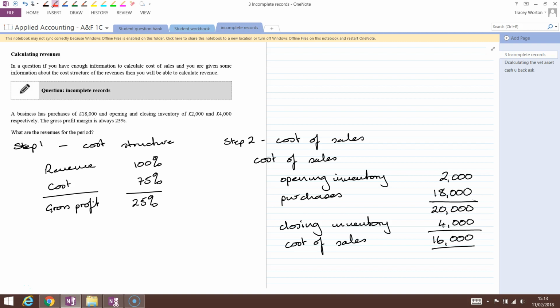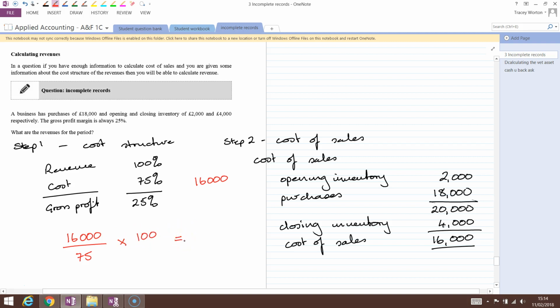So now we can go back to our cost structure and determine what our revenue figure would be. So we know that our cost of sales is 16,000, so we can slot that in as being equal to 75%. We're after the revenue figure, so the easiest way to think about this is divide by what you have and multiply by what you want. So we have 16,000, and that represents 75%, and we need 100%, we need the sales figure.